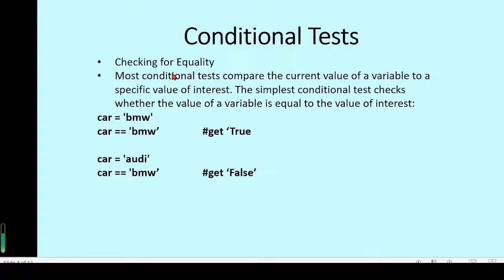So checking for equality. Most conditional tests compare the current value of a variable to a specific value of interest. The simplest conditional test checks whether the value of a variable is equal to the value of interest. So if the value is BMW, then we check car equals BMW, then get true. And if the value is Audi, if we check if car equals BMW, then we'll get false.